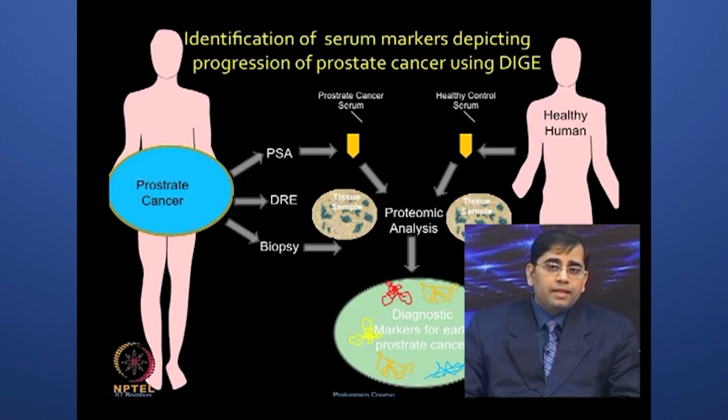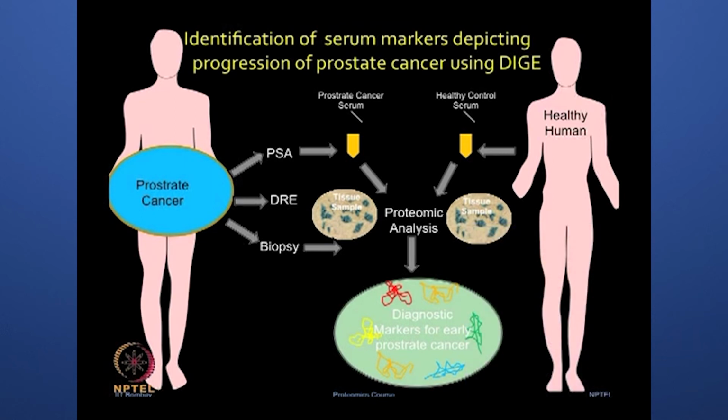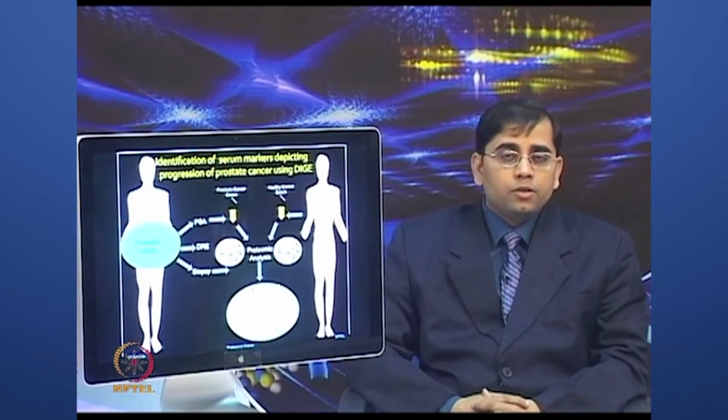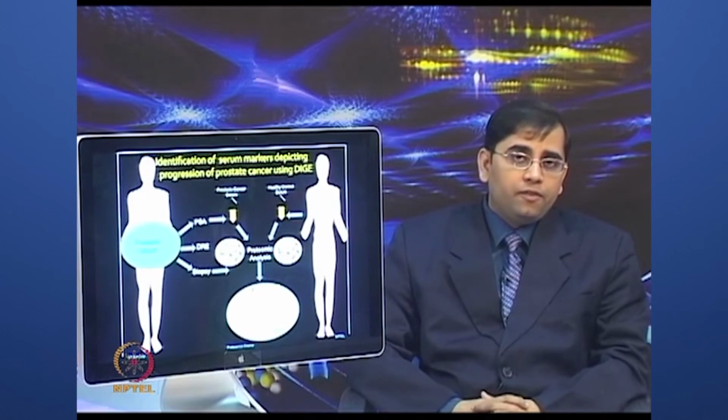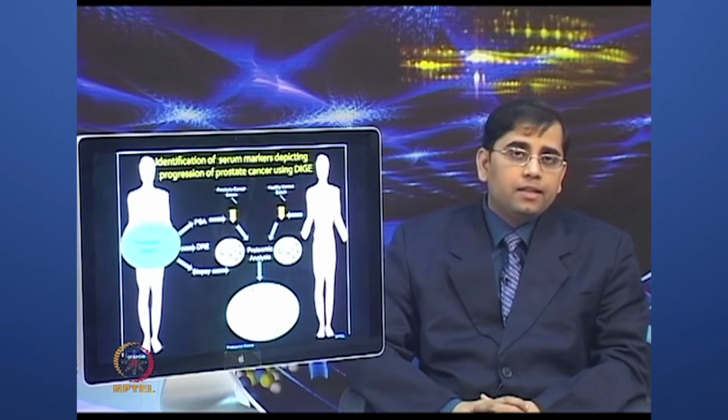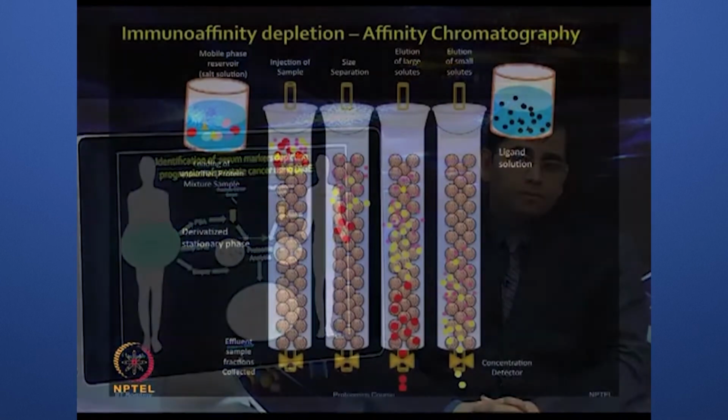The reason is that the level of PSA is also high in benign prostatic hyperplasia or prostatitis. Therefore, there is a lot of discussion whether one should rely on only PSA for detection of prostate cancer. So, this study aimed to identify some new markers in prostate cancer by studying the serum proteome.